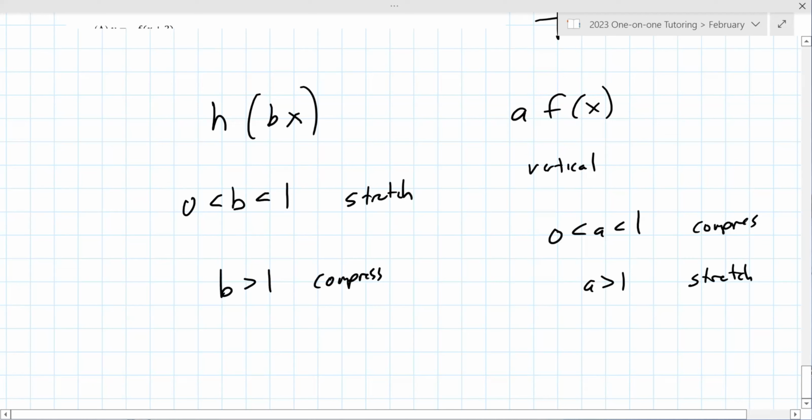You can say that you divide the X values by B. And for A, you multiply the Y values by A. That's right. This one affects the Y, these affect the X. And that's really what they're trying to teach you, what affects what.